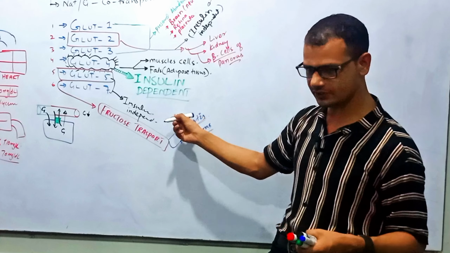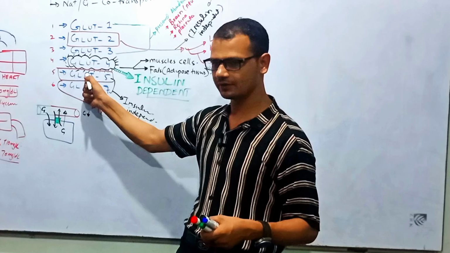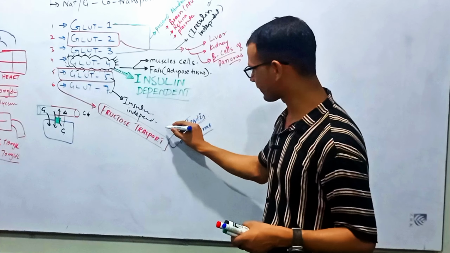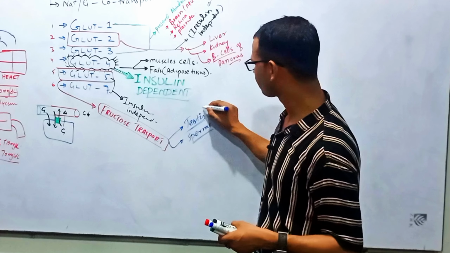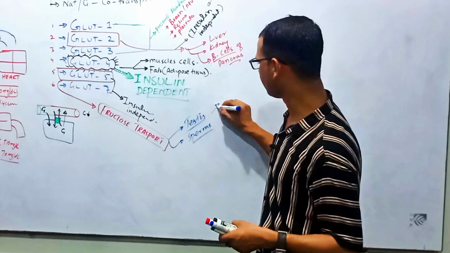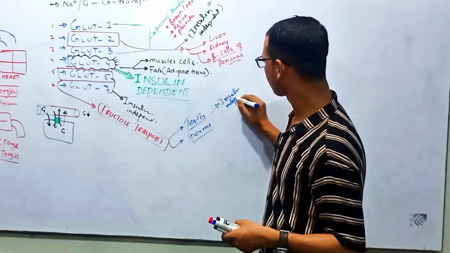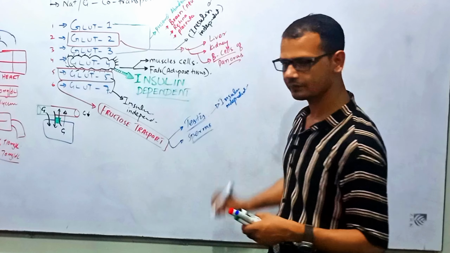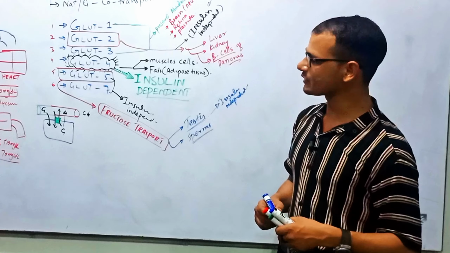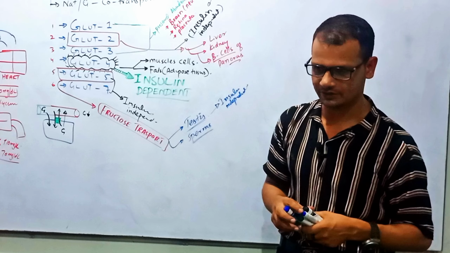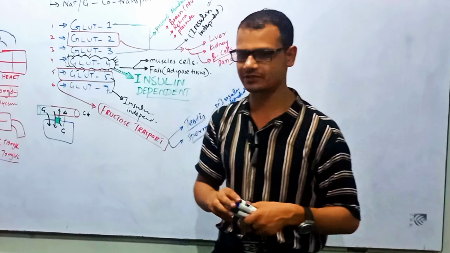So on sperms and testis cells there are GLUT5 transporters, and these transporters are also insulin independent, right?